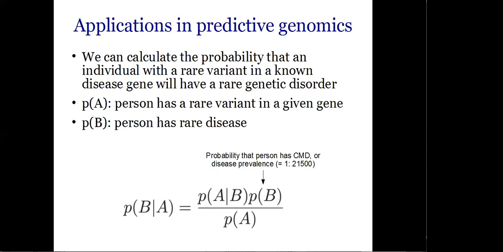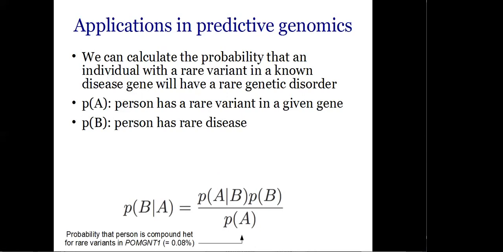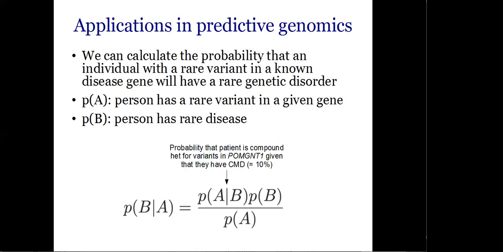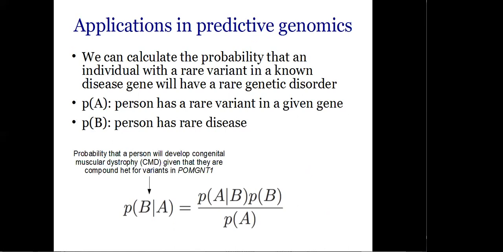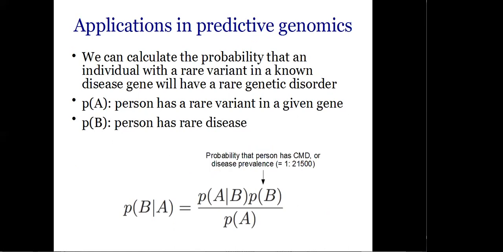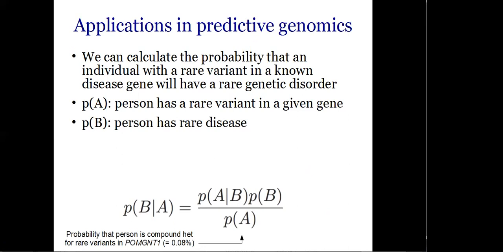But what you would find is that, let's say you find rare variants in POMGNT1 that cause congenital muscular dystrophy, and you plug in the numbers, and the denominator has the SORVA score, and you can find that if you have compound Het in this variant, you have a 1% chance of developing congenital muscular dystrophy.